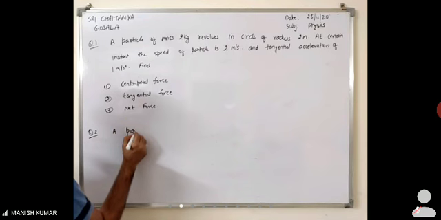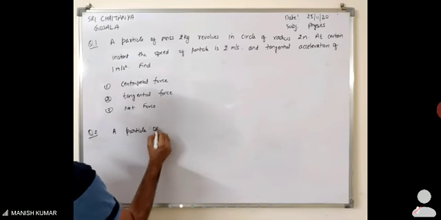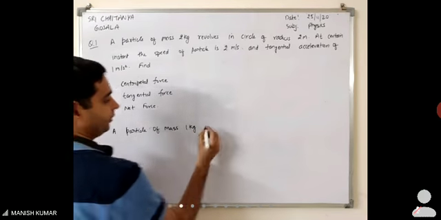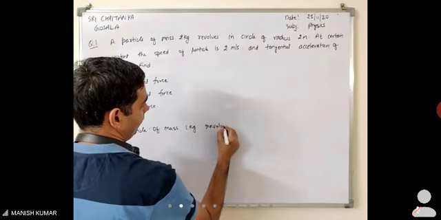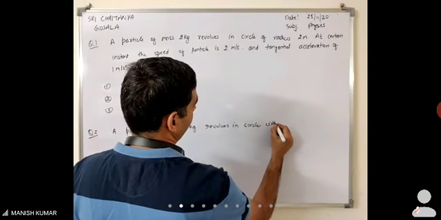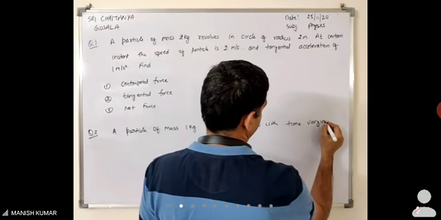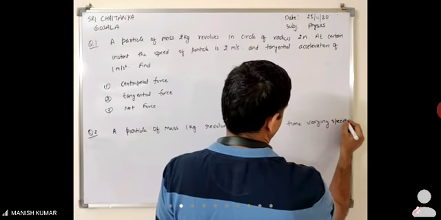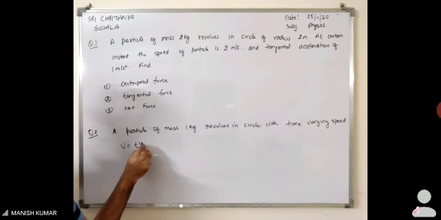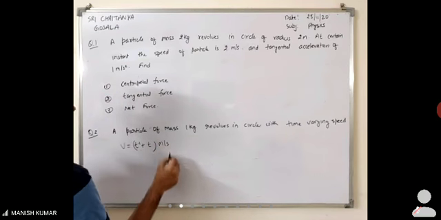A particle of mass 1 kg revolves in a circle with time varying speed, that is v is equal to t square plus t meter per second.